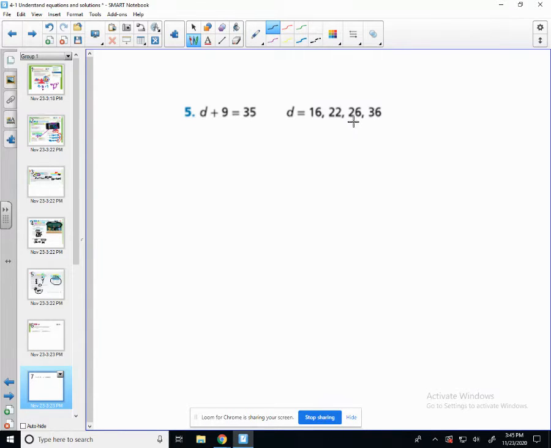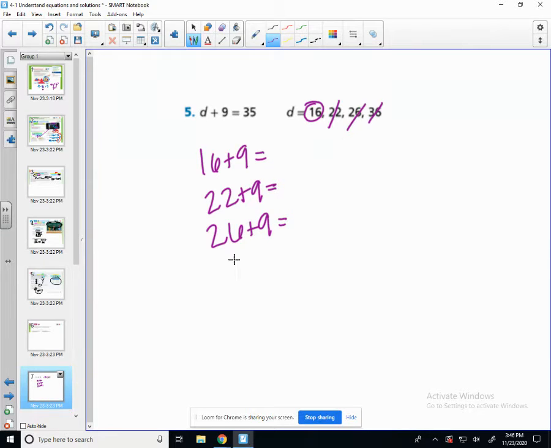D plus 9 equals 35. So let's try it. If D is 16, if D is 22, if D is 26, if D is 36, so the correct answer was 26.